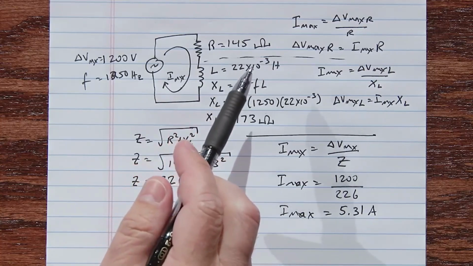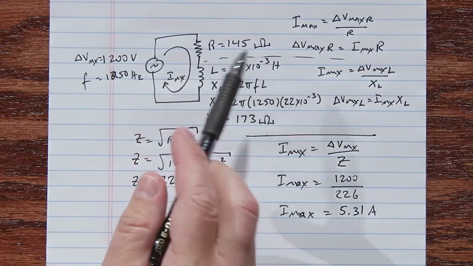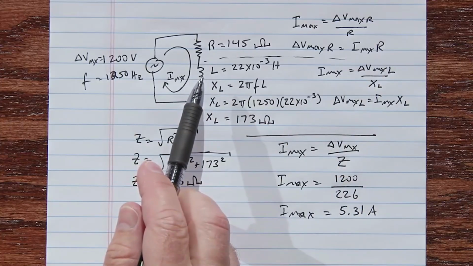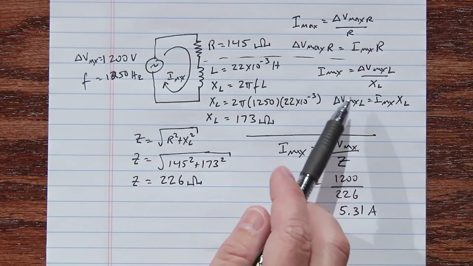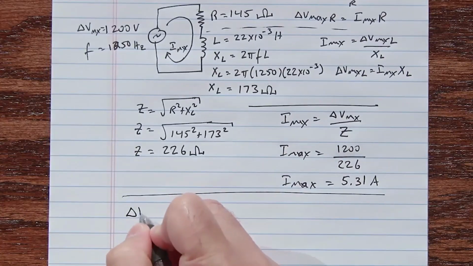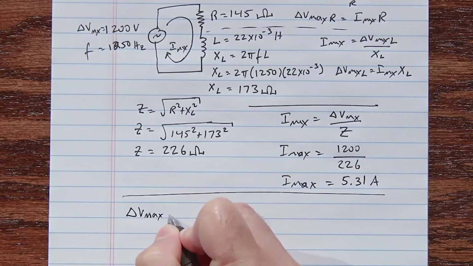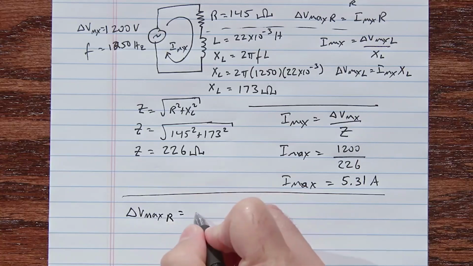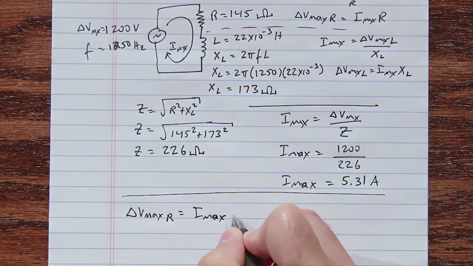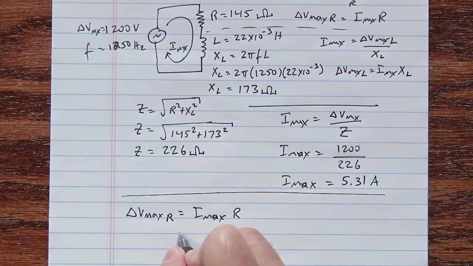What is the voltage across the resistor now? That would be I max times the resistance, and the voltage across the inductor would be I max times the reactance. So let's calculate those two. Delta V max across the resistor is equal to I max times the resistance.